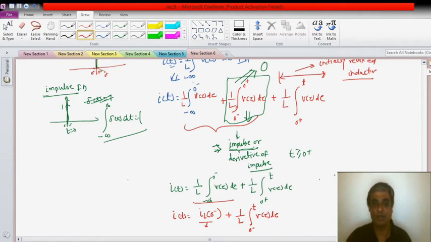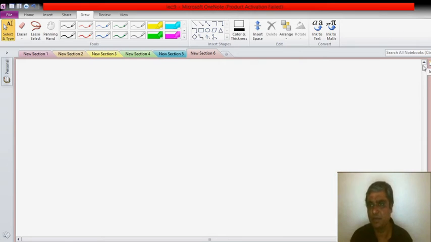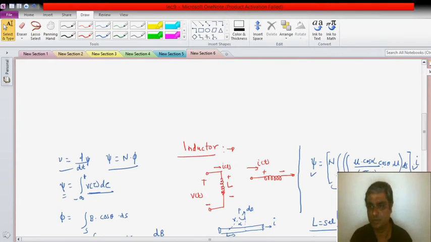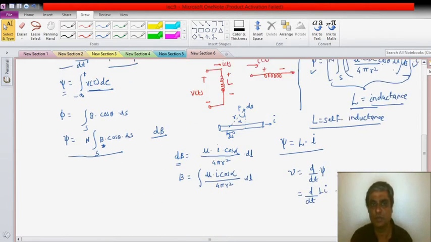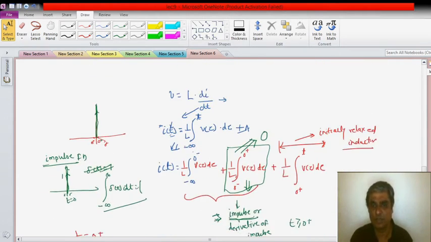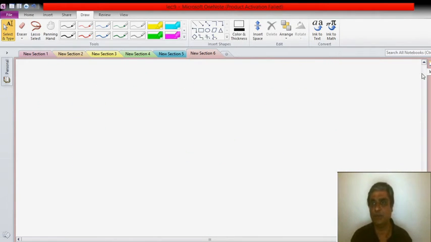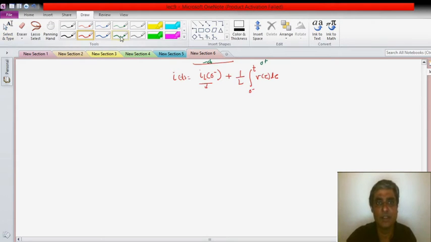Now let me evaluate at t equal to 0 plus, and see what will happen here. I of t I have now defined. So suppose I evaluate it at t equal to 0 positive.